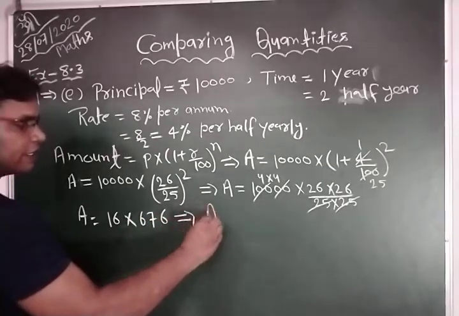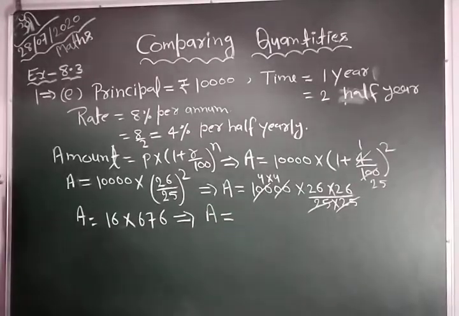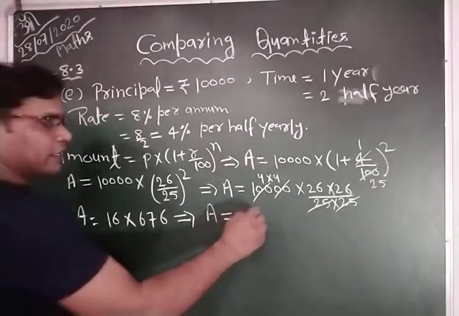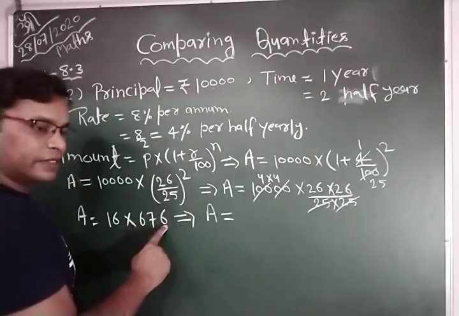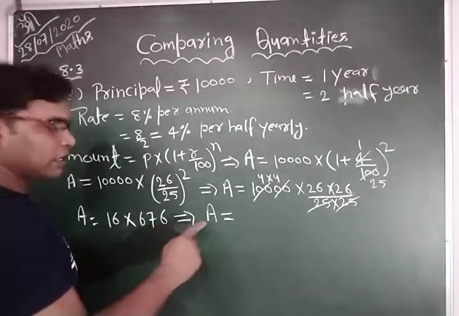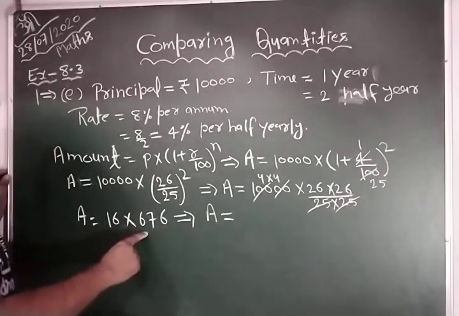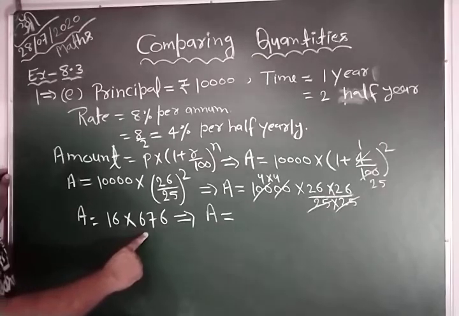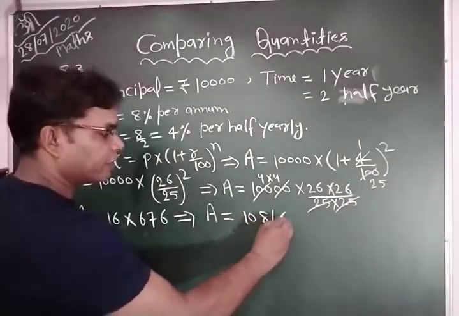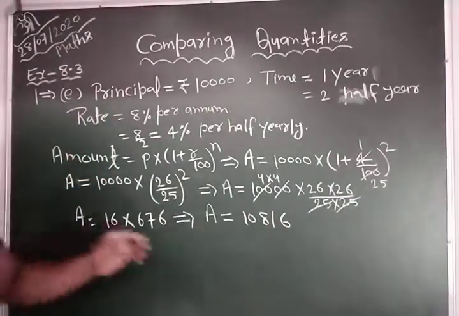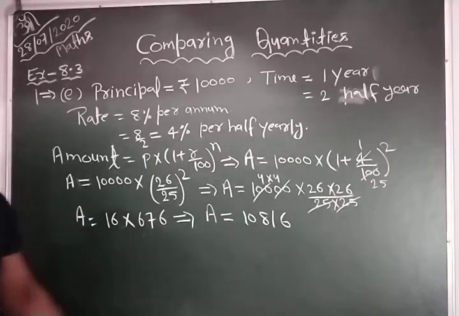This implies that the amount is equal to 16 into 676. This is equal to 10,816. This is the amount.